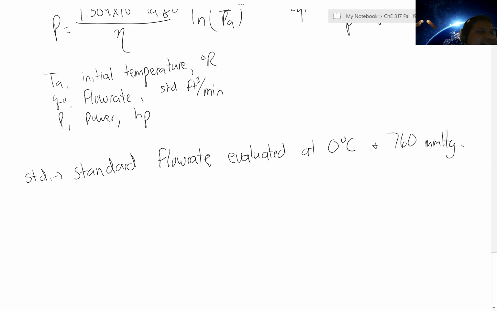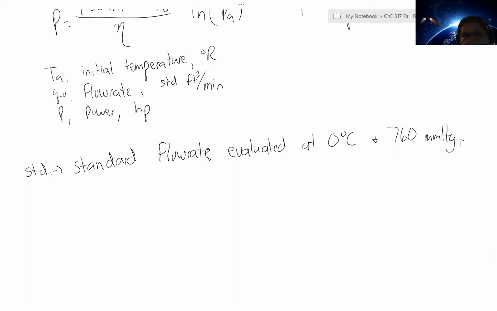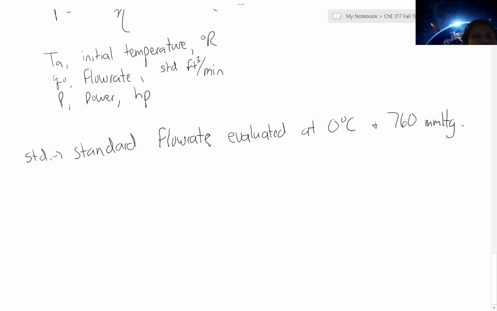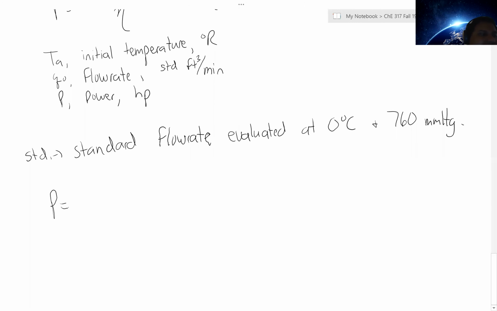And so surprisingly, the book leaves off equation 8.21a, which calculates the power for isothermal compression in SI units, but it's simply 1.97 times T_A Q naught over eta times ln of P_B over P_A.